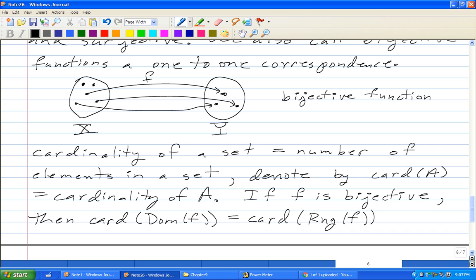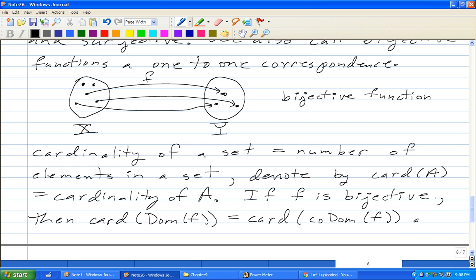As a matter of fact, this is the same as the cardinality of the codomain of f. Of course, since it's surjective, they'll be the same. The codomain's the same as the range.